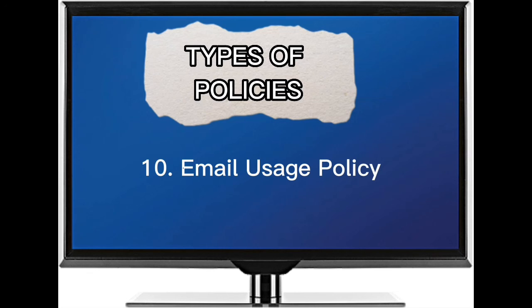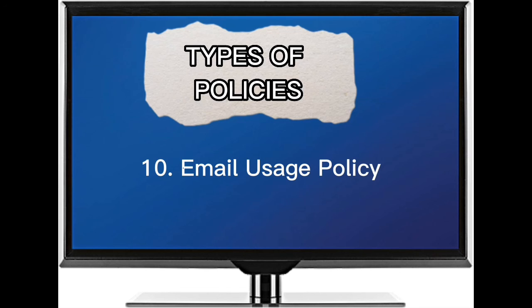Email usage policy. This is one of the most important policies that should be done because many users use the work email for personal purposes as well. As a result, information can leak outside.